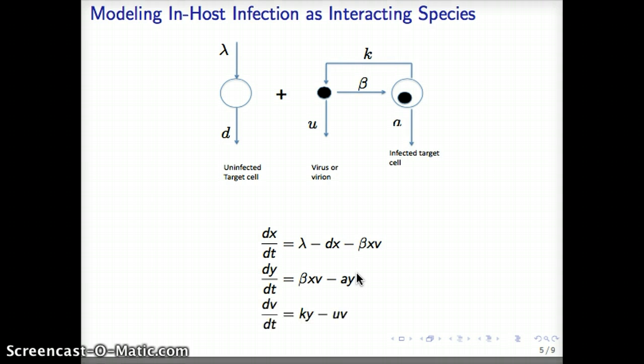And then what we have next is an expression for the rate of change on the population size of virus. The virus grows proportional to the amount of infected cells, and then there is a constant u here that denotes some type of natural decay for the population of virus. Okay, so dx, ay, and uv are terms that mathematically speaking are analogous because they denote some type of exponential decay.